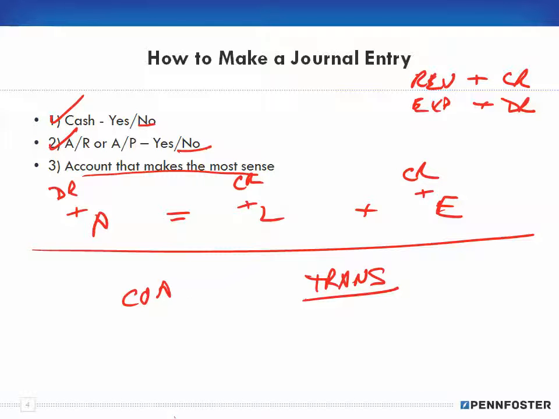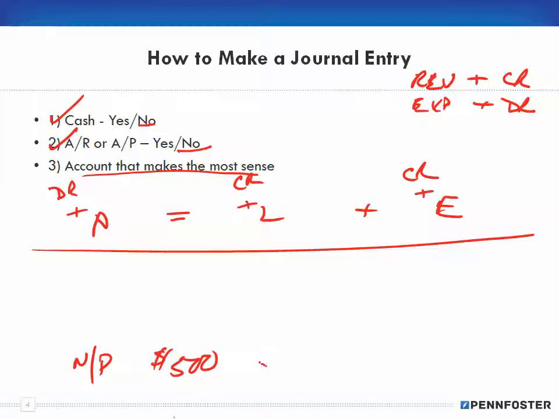Let's say, I'm going to try to think of something here. Let's say the transaction was something like you went to the bank and you had signed a note payable in the amount of $500 due in 90 days.